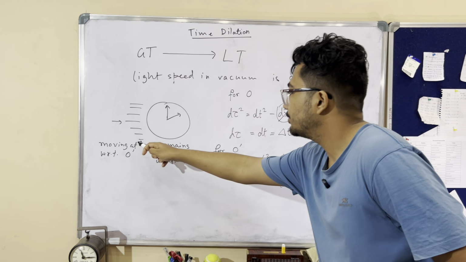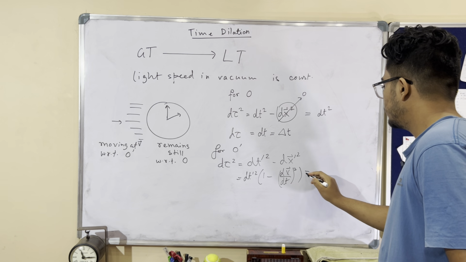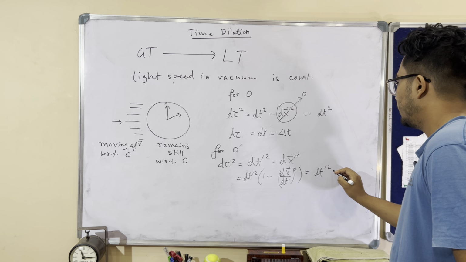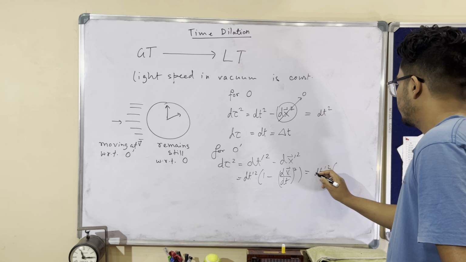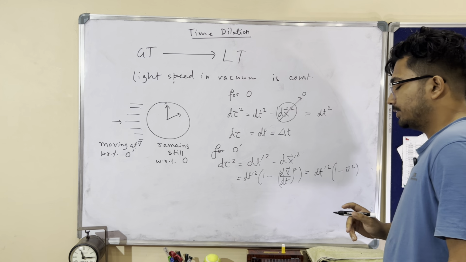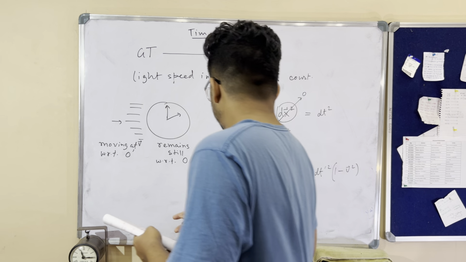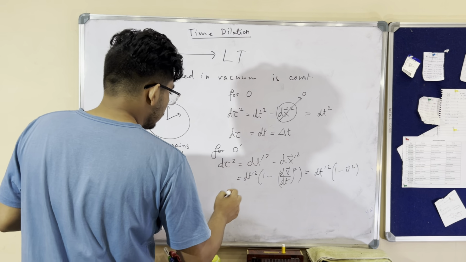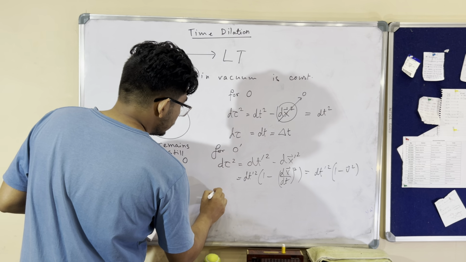So that should be v, right? So this is dt prime squared times 1 minus v squared, or v vector squared. So d tau will be dt prime times 1 minus v squared to the power half.